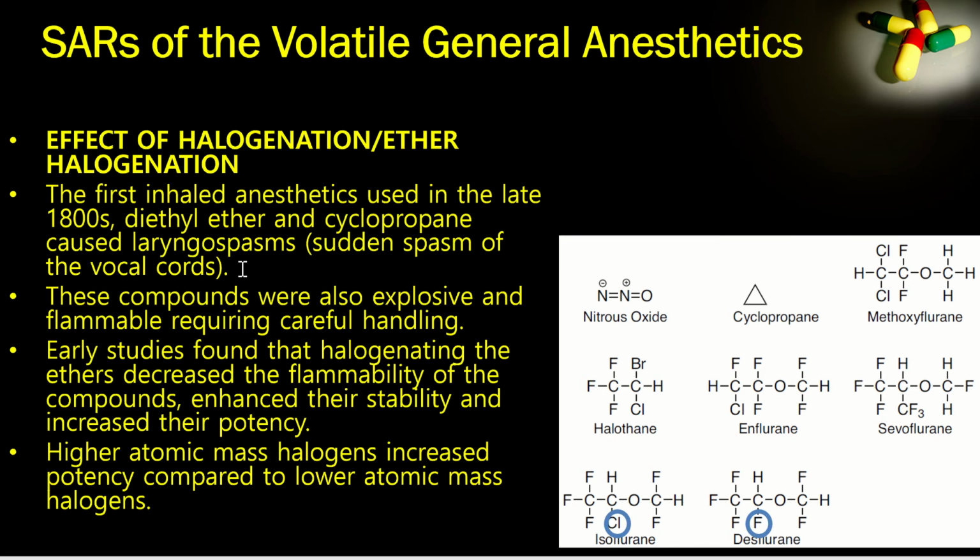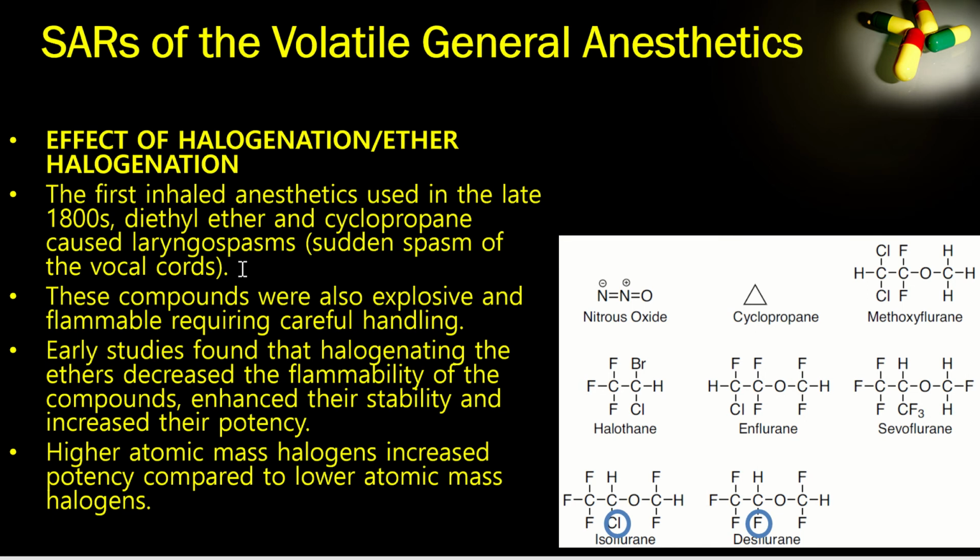These compounds were also very explosive and flammable, requiring careful handling. And so the early studies found that halogenating the ethers decreased the flammability of the compounds and enhanced their stability, as well as increased their potency.